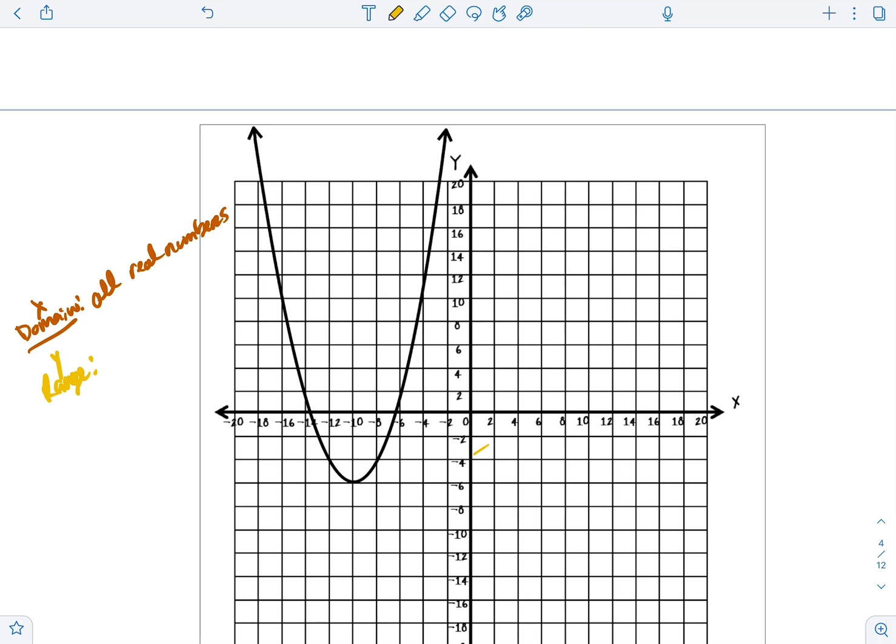Remember, we have to go to the vertex, so we come here and put our little point. And what is that point? Well, our x is -10 and our y is -6. Since all y values are above -6, above means greater than or equal to, so y is greater than or equal to -6 is the range.